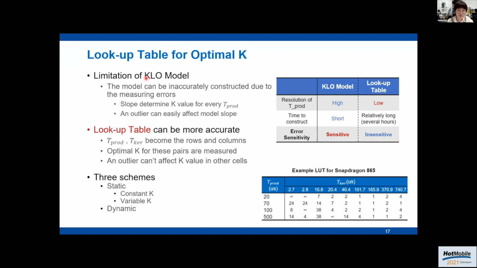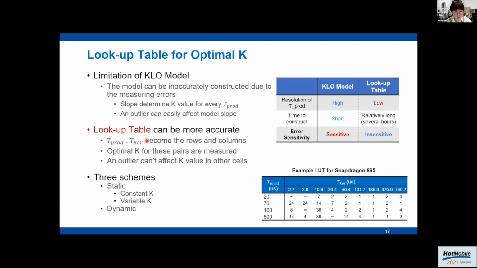Ideally, only three measurements should be sufficient to identify the two lines. In reality, measurement errors exist because the values are quite small. They are typically in microsecond orders, and the model can be inaccurately constructed.